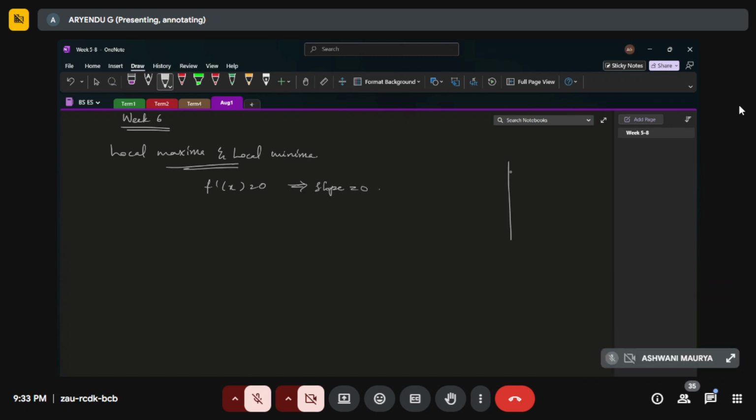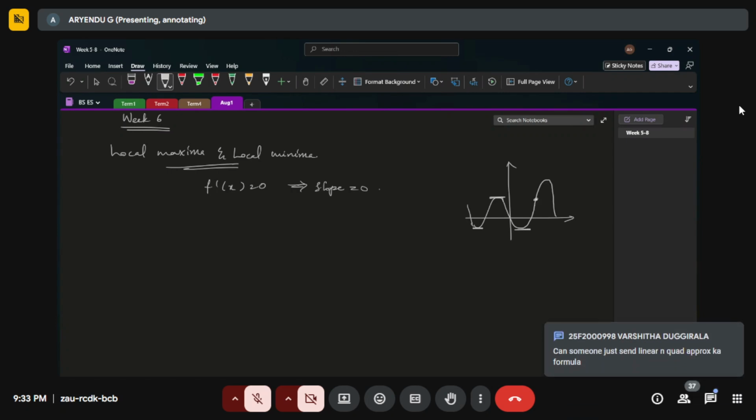If we imagine that on a graph, we can see that if a function is like this, here it is the lowest point. You can also see that the slope is a flat line if you draw the slope. Any point that is not the maxima or minima, like a point here, if you draw the slope, you will never get the slope as 0.